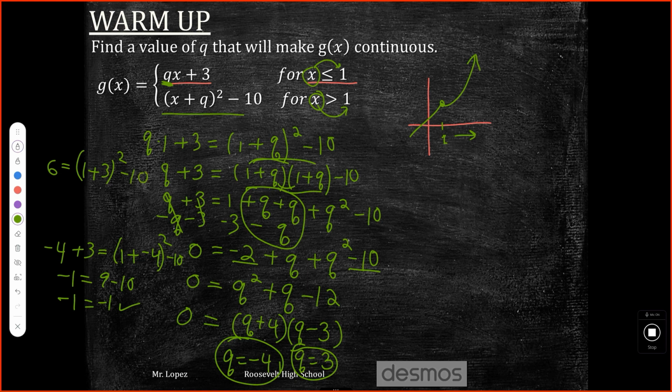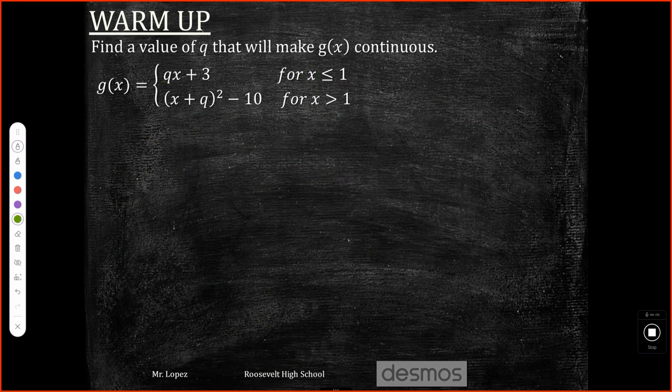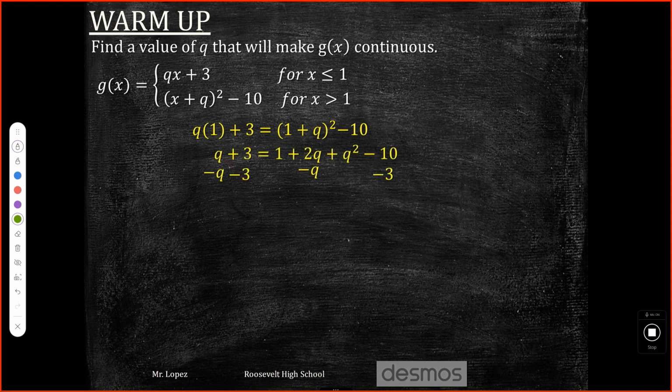Then we're going to get 6 is equal to 16 minus 10. So 6 is equal to 6. So it says that both of these q values work. So it has two q values that would work.